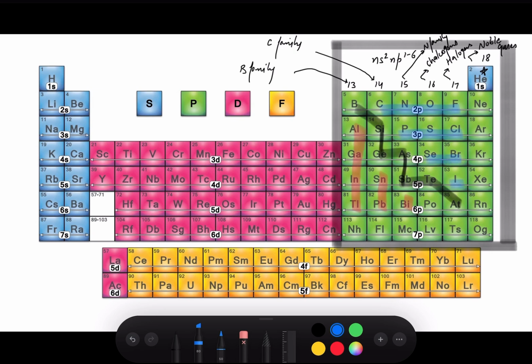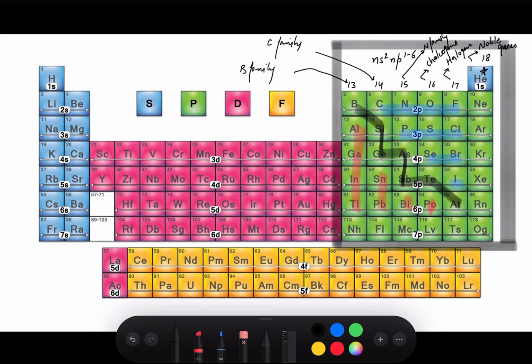These are the non-metals. Group number 18 is noble gases, so we don't consider them in metals or non-metals. They are inert gases. So I hope you got the point that the p block consists of metals, non-metals as well as the metalloids. The metalloids are boron, silicon, germanium, arsenic, antimony, tellurium and astatine. Polonium is also a metal.